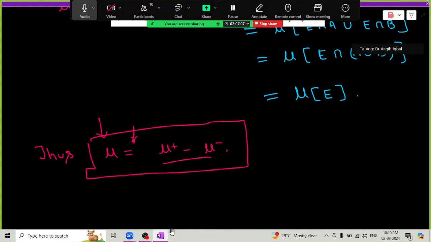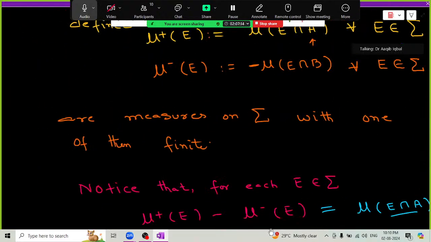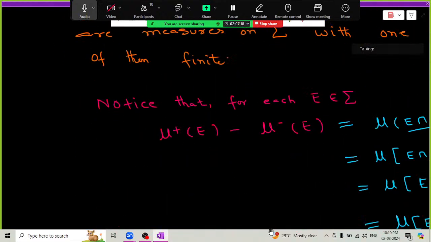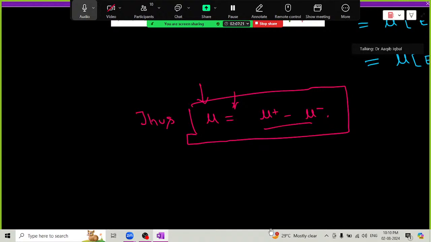That means every signed measure can be written as difference of two measures where one of them is finite, and this is the justification. यहाँ मैं आपको ये दिखा रहा हूँ कि हाँ असल में ऐसा होता है. ठीक है, mu is equal to the difference, and this actually now establishes that every signed measure, because mu कोई भी signed measure हो सकता है ना, can be written as difference of two measures where one of them is finite.